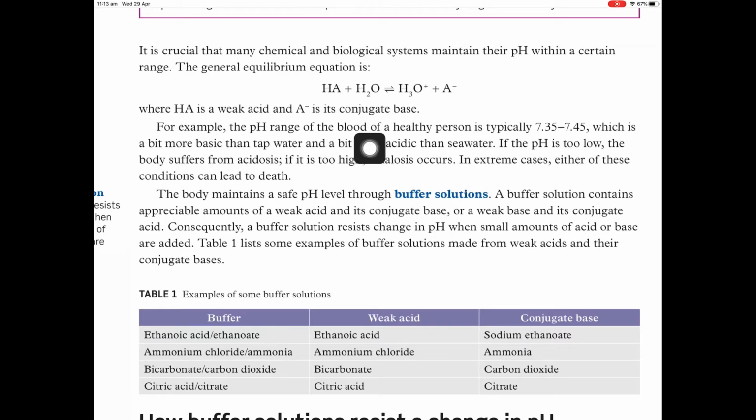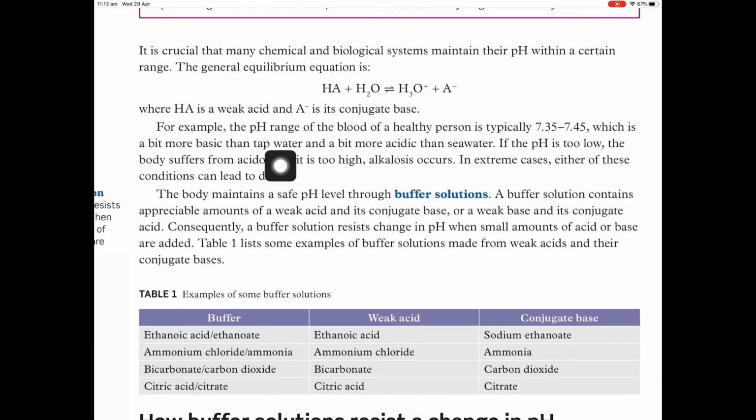The pH range of our blood is 7.35 to 7.45. This is a bit more basic than tap water and a bit more acidic compared to seawater. Tap water has a pH range of 6.5 to 8.5, and seawater is 7.5 to 8.4.